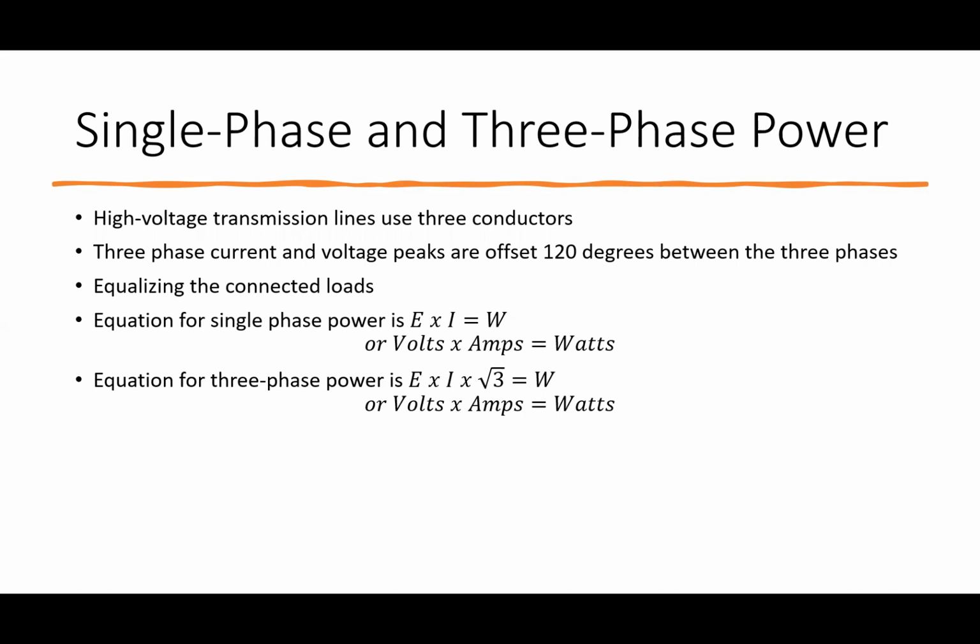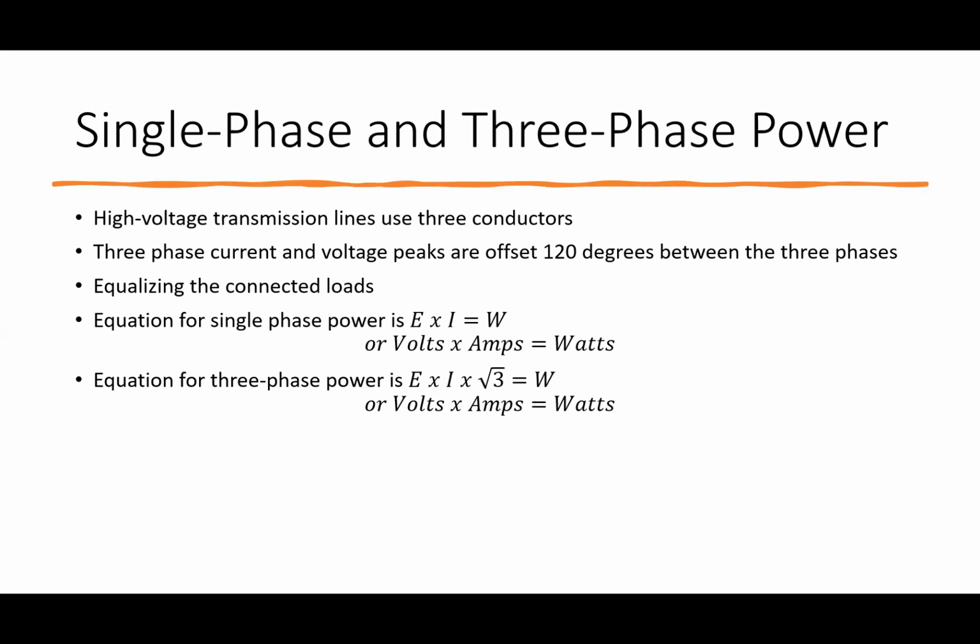Three phase current and voltage peaks are offset 120 degrees between the three phases. This is so nearly equal electrical loads are connected between all three phases. When equalizing the connected loads, the energy produced by the generators will be used in a complete and balanced way.